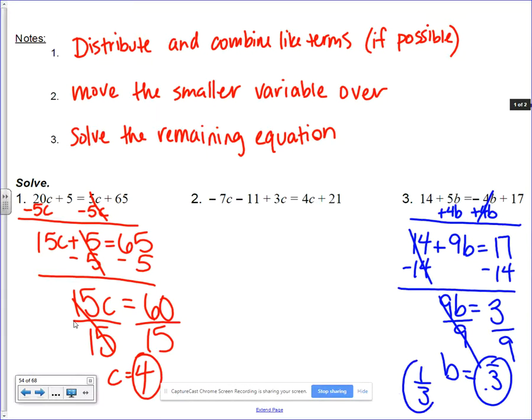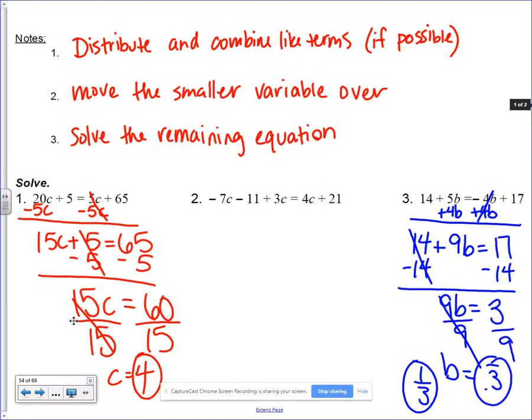Either of those answers would be acceptable, as long as you reduce it. 3/9 can be reduced to 1/3. That's okay. Yep. How we doing here, folks? Fine? Okay, let's go back to that number 2 now.